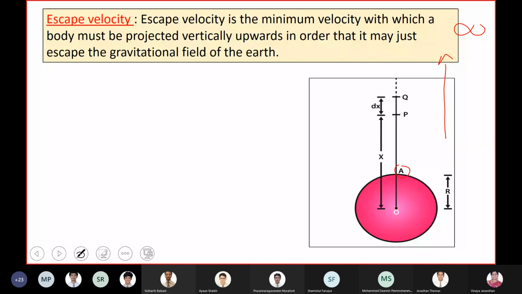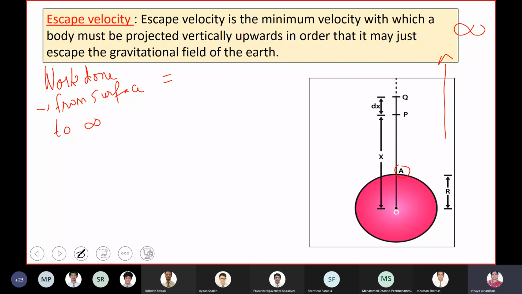So to make the object move from the surface to infinity, you have to do work. Whatever work you do will change the kinetic energy of the body. The work-energy theorem tells you that.